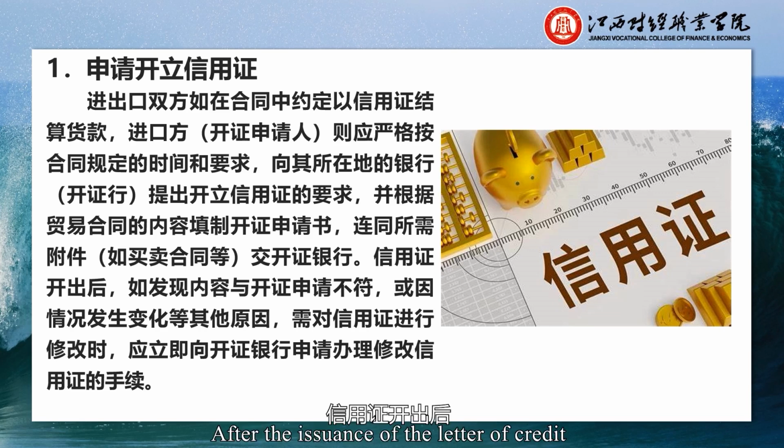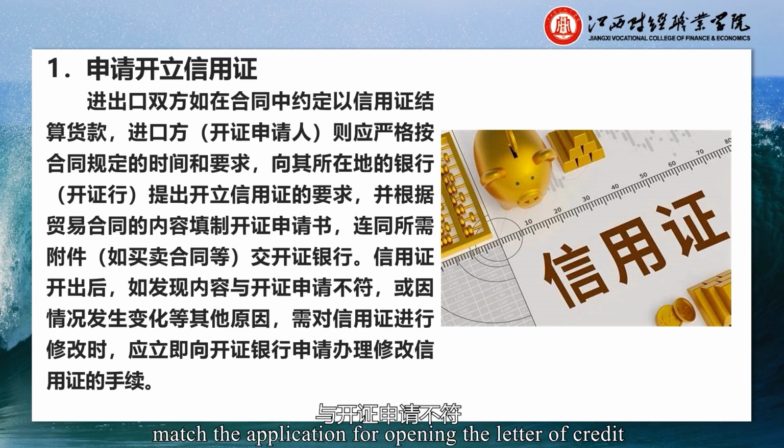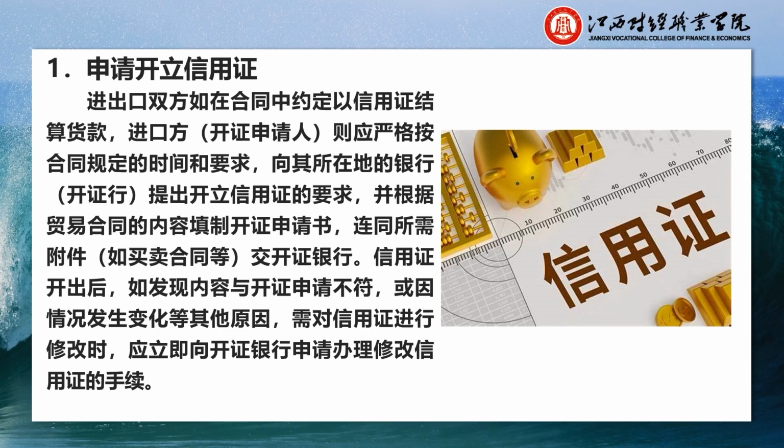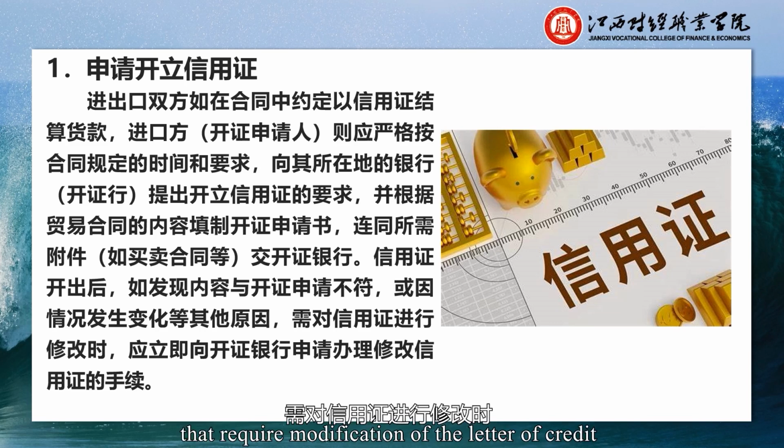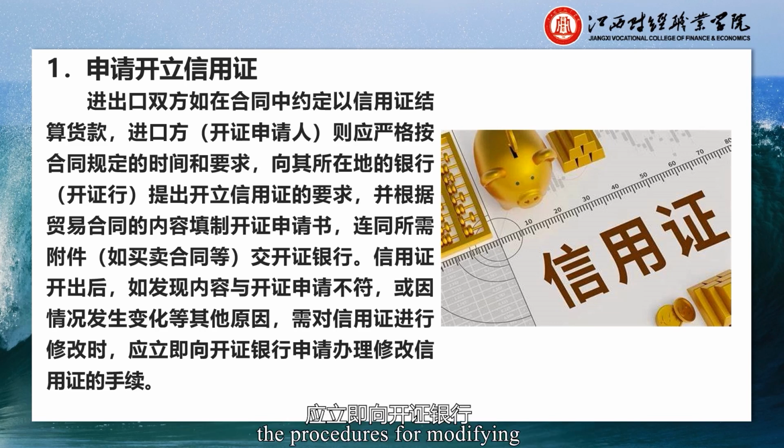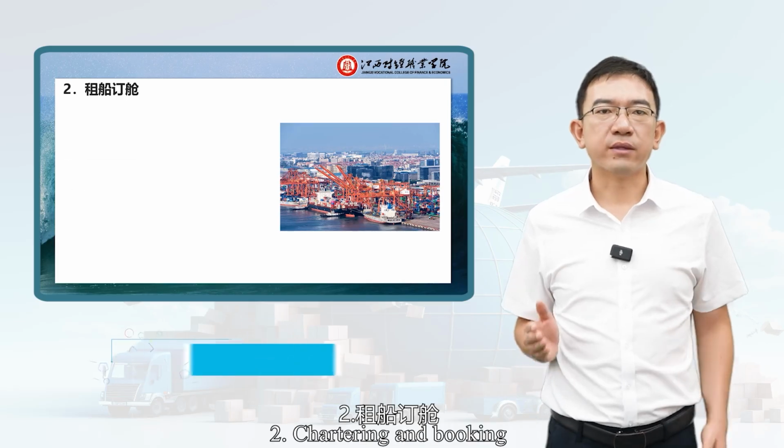After the issuance of the letter of credit, if it's found that the content does not match the application for opening the letter of credit, or if there are other reasons, such as changes in the situation, that require modification of the letter of credit, the procedures for modifying the letter of credit should be immediately applied to the issuing bank.